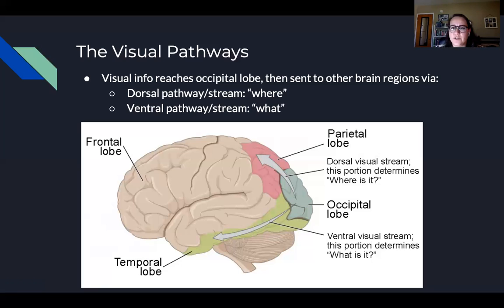To recognize my water bottle and to be able to grab it, I'm actually combining my understanding of where it is and what it is at the same time. It's not necessarily that the dorsal stream fires and figures out the spatial information, and then the occipital lobe says, okay, now we'll fire the ventral stream. They're happening together in tandem, simultaneously.